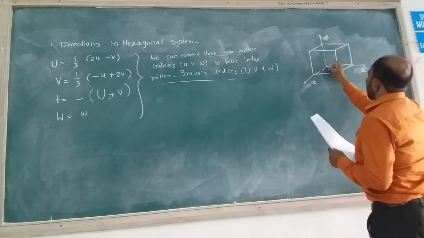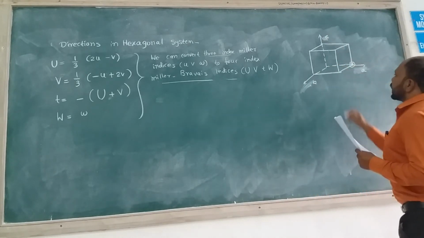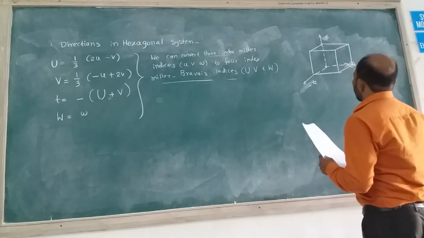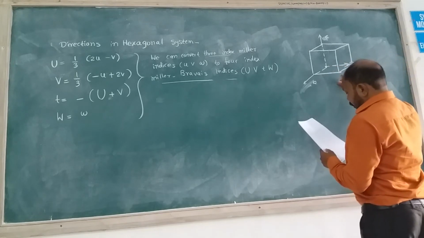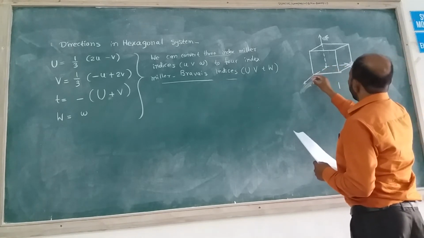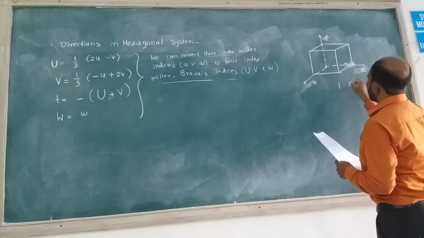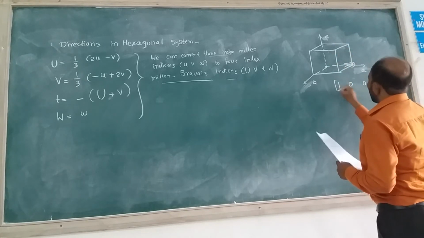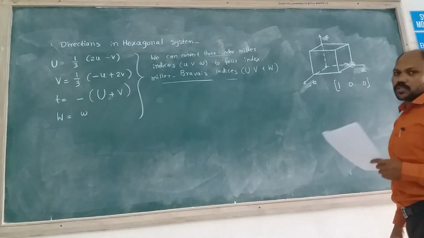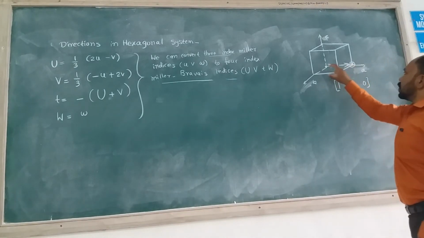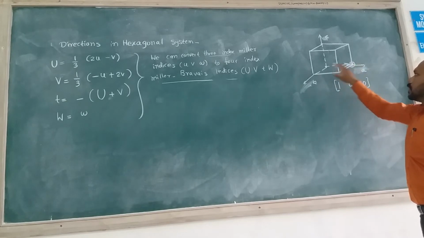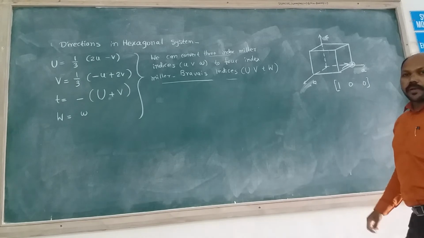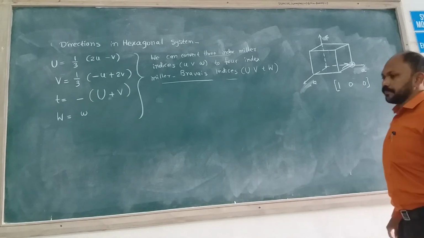If we want to find out the direction from the origin towards this point, the value in the a direction becomes 1. In the b direction the value is not required, so 0. In the c direction the value is not required, so again 0. And we put this in square bracket. So this is the representation for this direction, square bracket and 1 0 0 values.